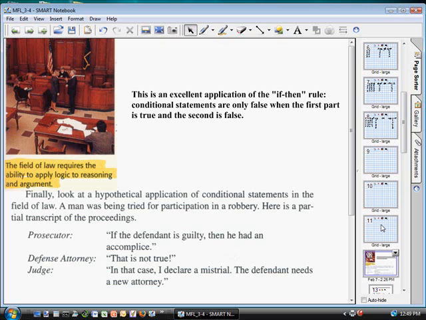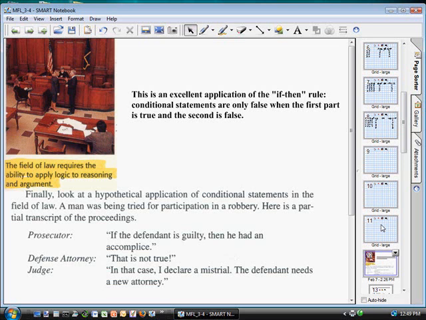The field of law requires you to apply logic to reasoning and argument. Obviously, that's what a lawyer is trying to do. A lawyer is trying to convince the jury to logically come to a certain conclusion. And of course, the other lawyer is trying to logically convince the jurors the other way.